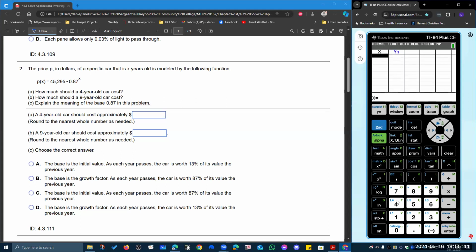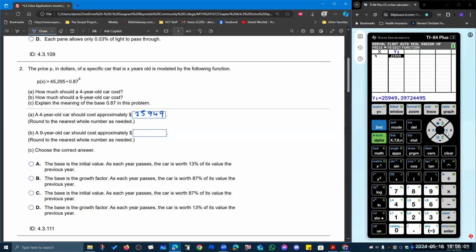So we're going to put in X equals 4, and rounded to the nearest dollar, it's going to be 25,949.